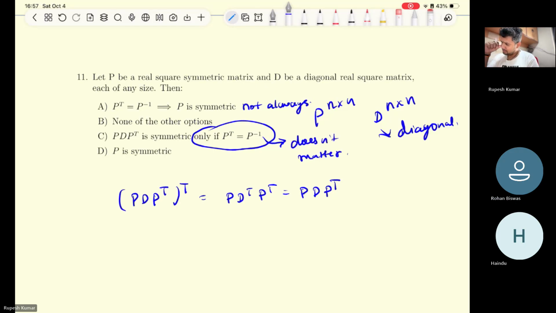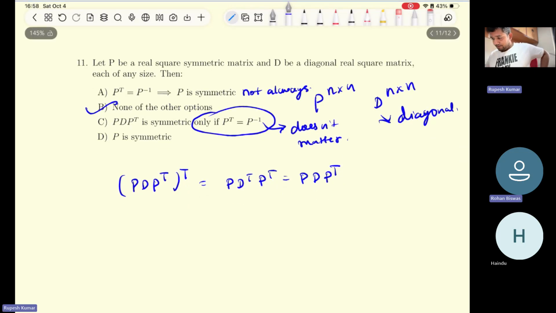Let's think of it independently. It implies P is symmetric. Option B is true, because this question is almost useless.